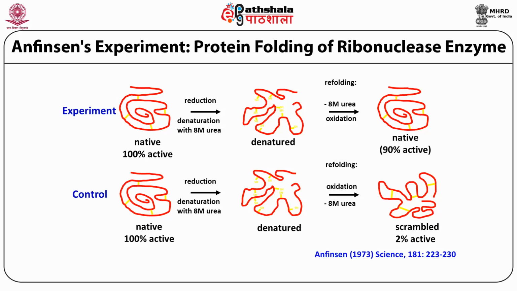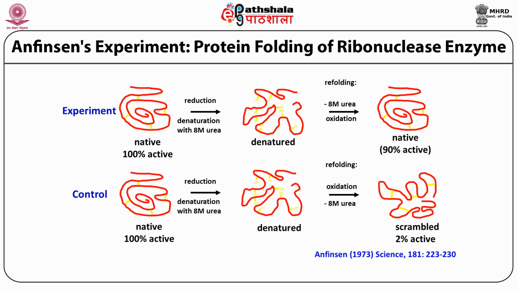So, in the first experiment, he took a ribonuclease enzyme, which is a well-folded protein with 4 disulfide bonds connecting 8 cysteines. This particular protein was reduced using beta-mercaptoethanol and denatured using 8 molar urea.